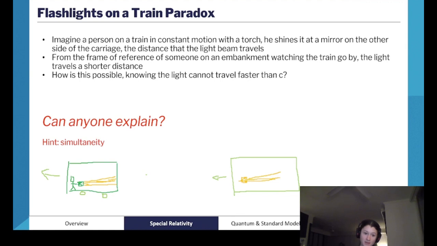They're seeing the carriage move towards this light source and the light move towards the carriage. So what they're going to see is the light moving a shorter distance. So, how is this possible, knowing that the light cannot travel faster than c? Pause the recording, see if you can explain it. And the hint is simultaneity.